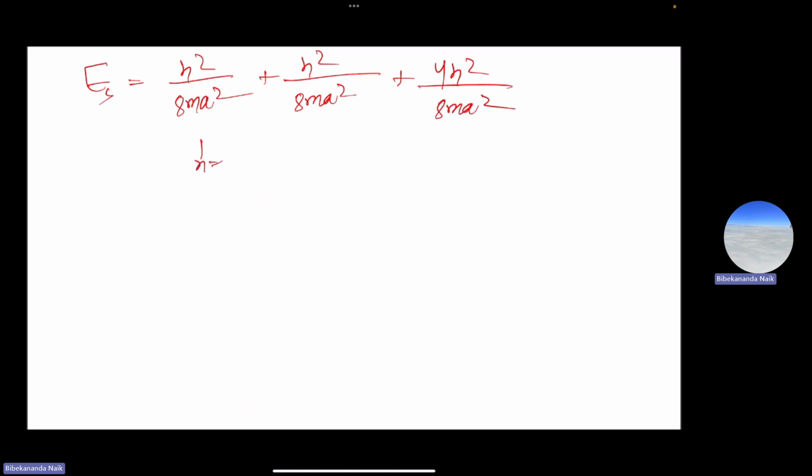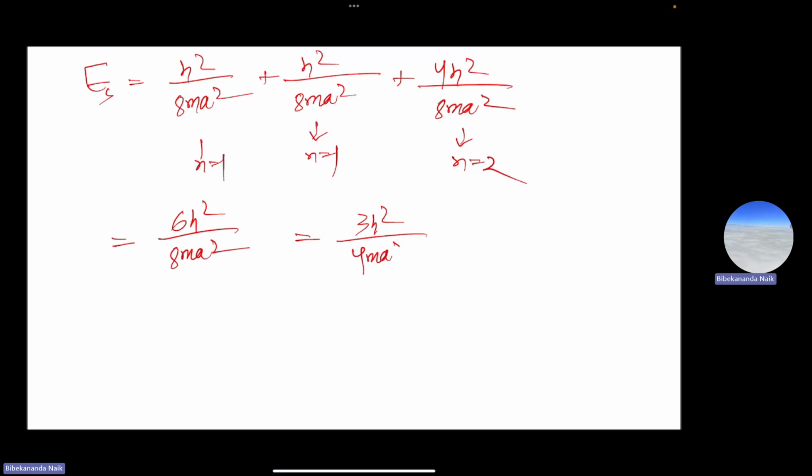So n equals 1 here, n equals 1 here, n equals 2 here. If you add it, it will be 4 plus 1 plus 1, 6. So it is 6h square by 8m a square, or 3h square by 4m a square.